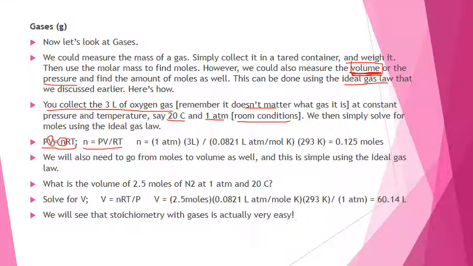So you simply solve for n, the number of moles. Okay, there you go. When you do that, the liters cancel out, the atmospheres cancel out, and the temperature cancels out, and you end up with 0.125 moles of O2.